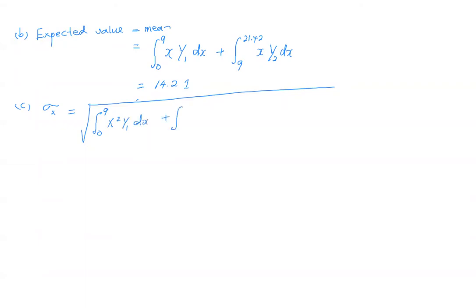Integrate 9 to 21.42 of x squared y2 dx, minus the mean square. Okay, anyone else in the class don't know how to key in this?